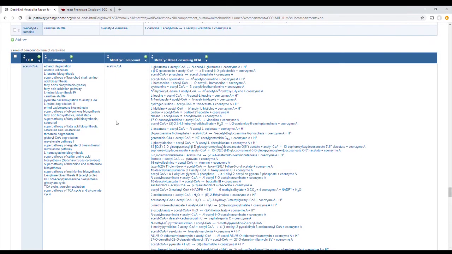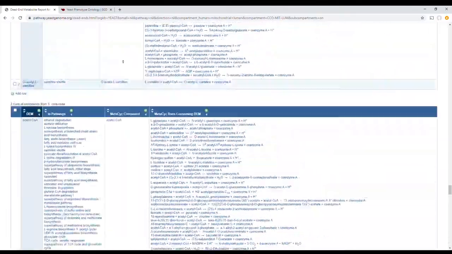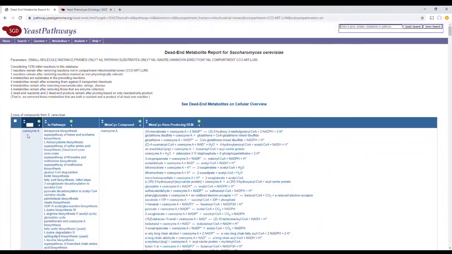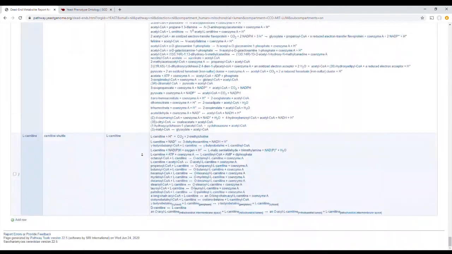Lo and behold, my dead-end metabolites. If you're taking metabolism, or if you've taken metabolism, it's not too radical to see, and I'm just scrolling through to show you that there really are not too many different DEMs, but they are coenzyme A and L-carnitine.